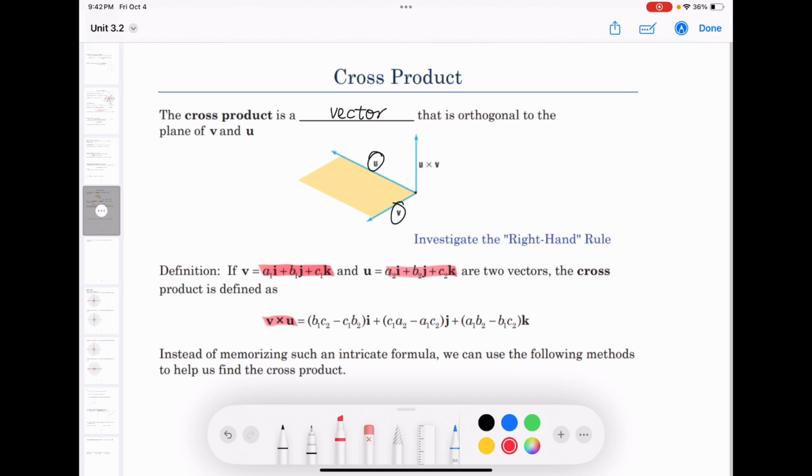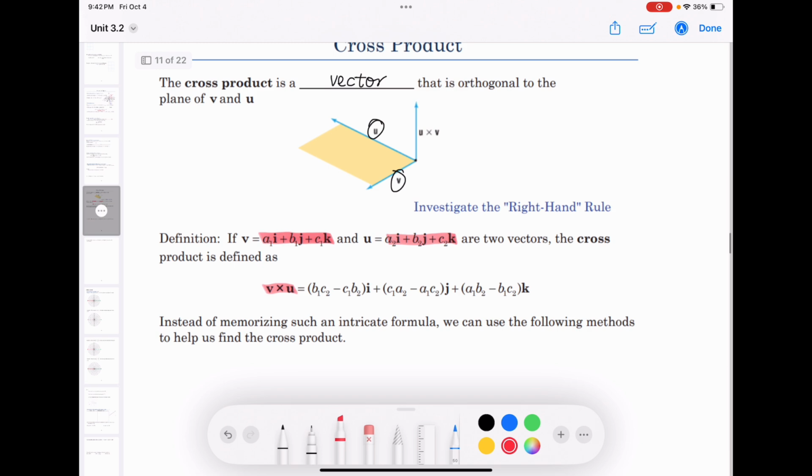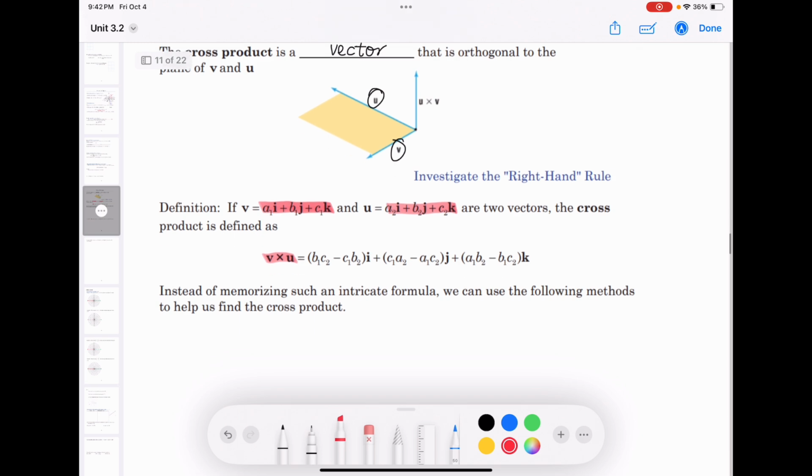We can use an easy method to find the cross product. Make sure that your cross product is a vector. Let's review the dot product. The dot product is a scalar, a number, but here it is a vector.